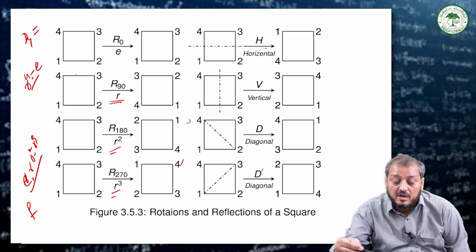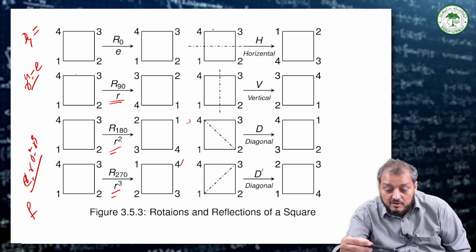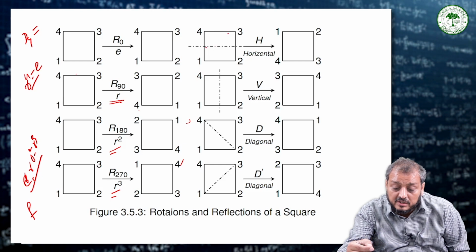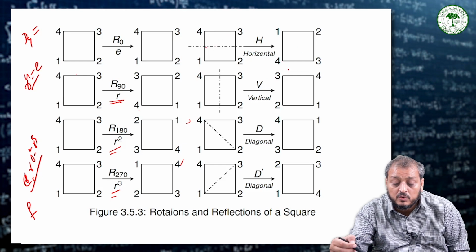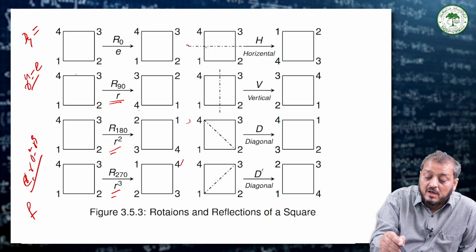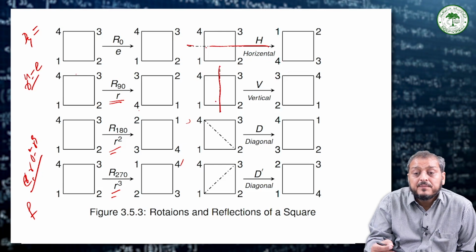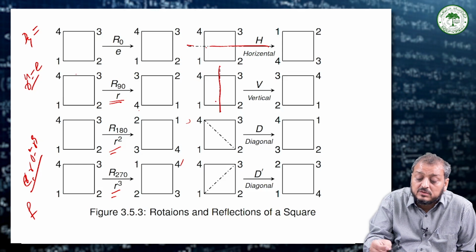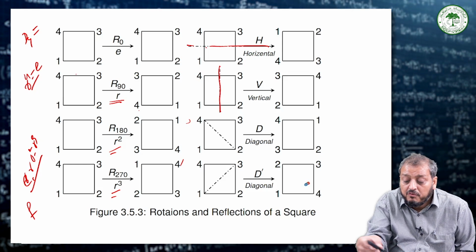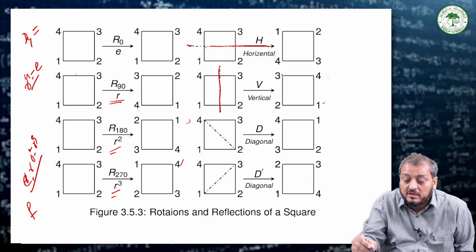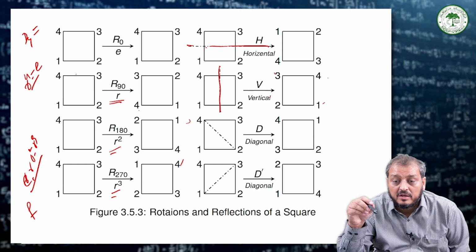If we reflect it horizontally, then 4 and 3 shift, and 1 and 2, and then again we reflect vertically. So vertical means 4 and 1 shift here, and then 3 and 2 in this way.